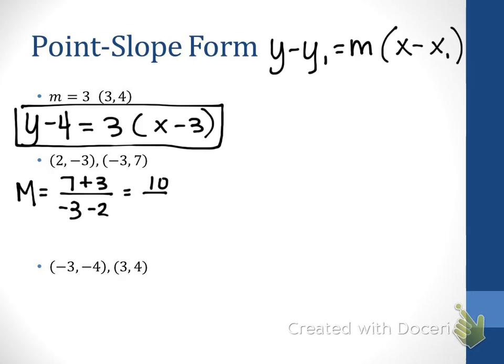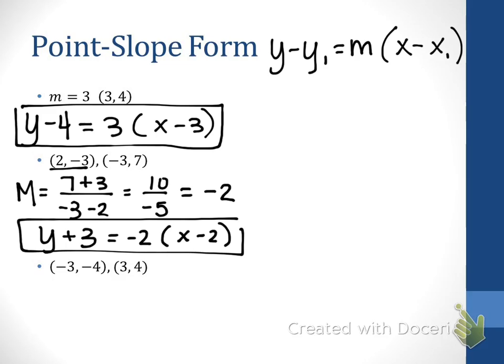Negative 3 minus 2 is negative 5. 10 divided by negative 5 is negative 2. Now I know an M and a point, but which one of those points do I want to use? The first, always the first, okay? So let's do y plus 3 equals negative 2 times x minus 2.